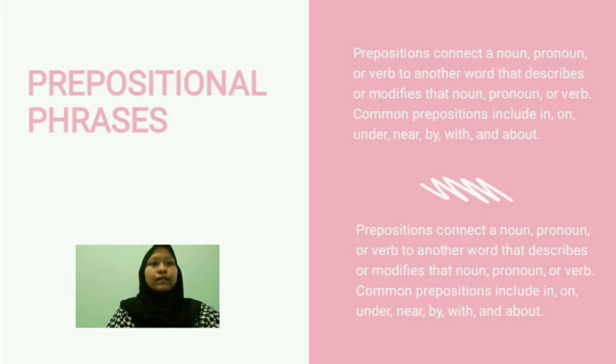Next, prepositional phrases. Prepositions connect a noun, pronoun, or verb to another word that describes or modifies that noun, pronoun, or verb. Common prepositions include in, on, under, near, by, with, and about.